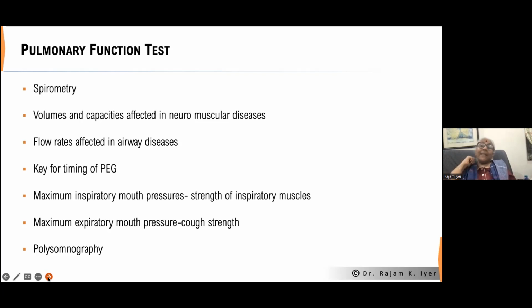That is why we see the ratio, so that we know if X amount has gone in, 75% of the X should come out in the first second of expiration. So if the ratio remains well, you know it's not an airway disease. You got what I'm saying? Suppose you have taken in 4 liters and blown out 3, it is 75%. That means airways are fine, doing their job.